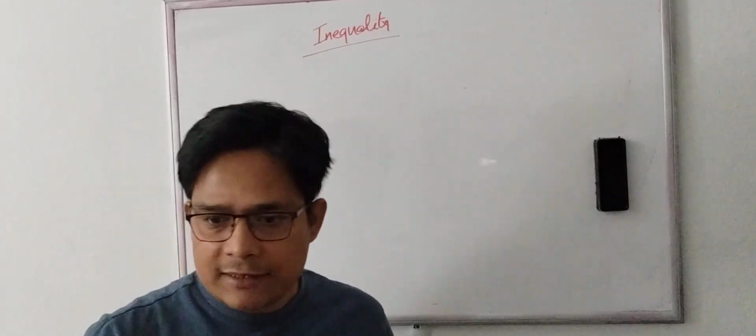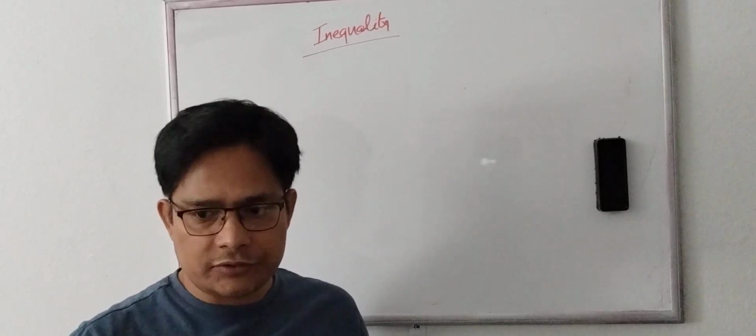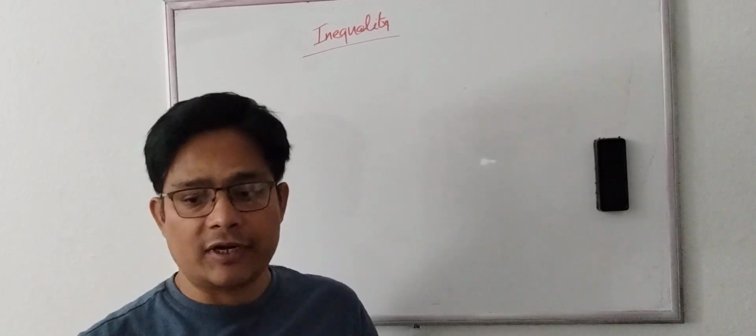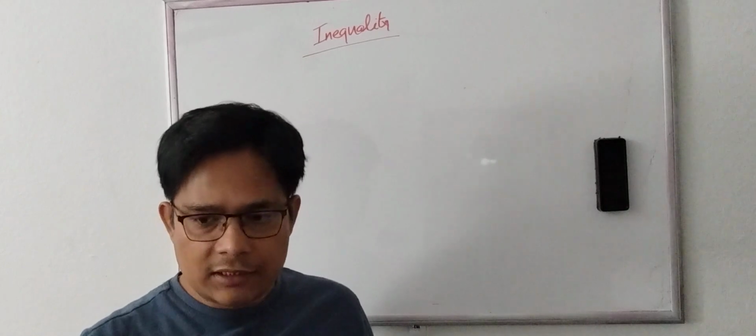So inequality means you don't have the equal relationship. It's not like 2 equal to 2, 3 equal to 3, or 4 equal to 4. So you have either the greater than sign or less than sign, or the greater equal sign or less equal sign. When you have just the greater sign or the less sign, it's called strict inequality.